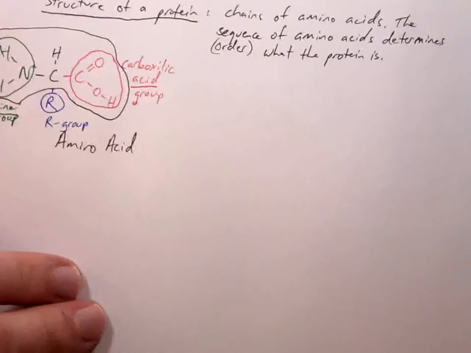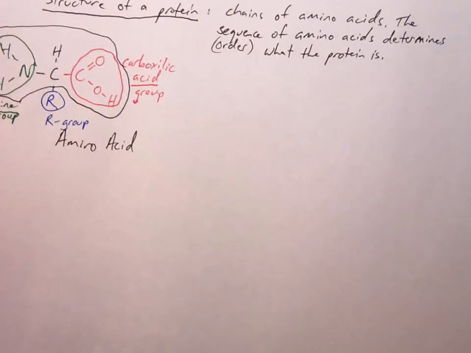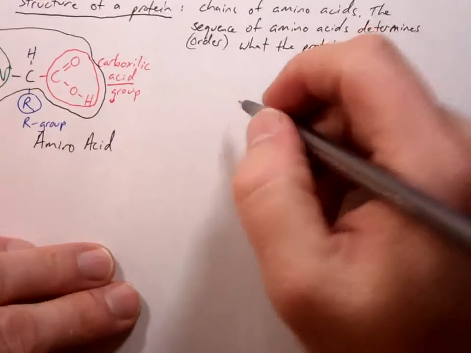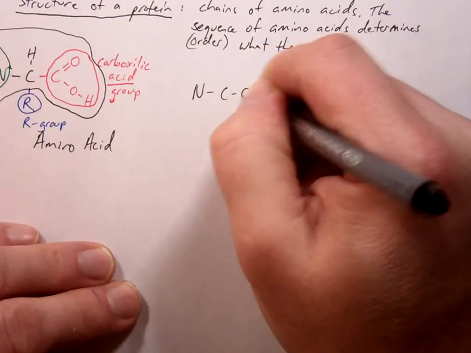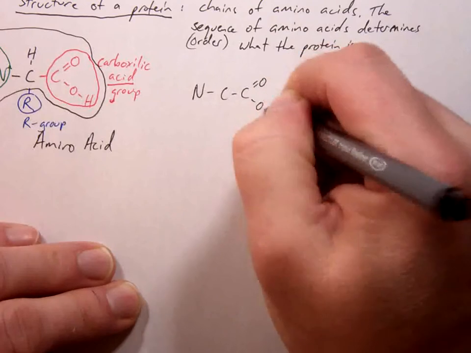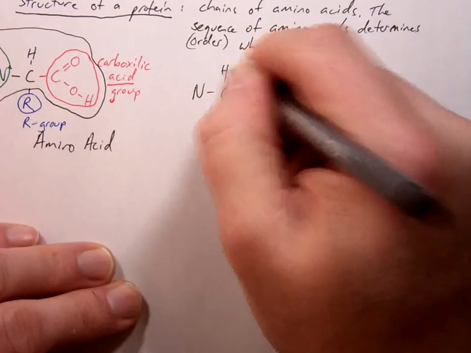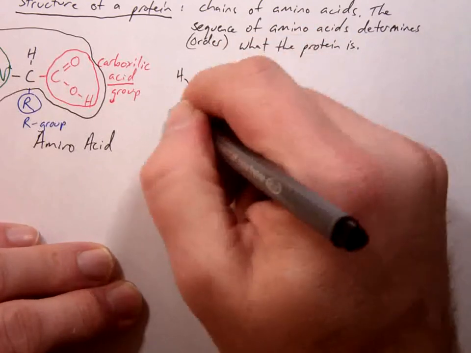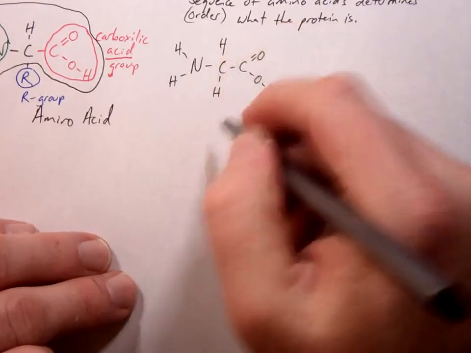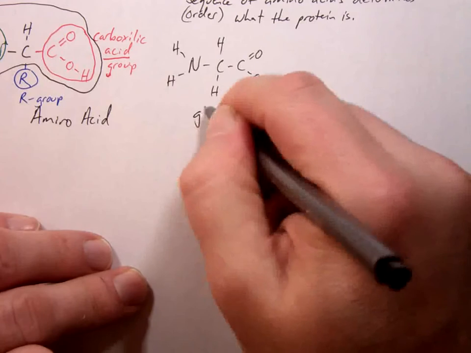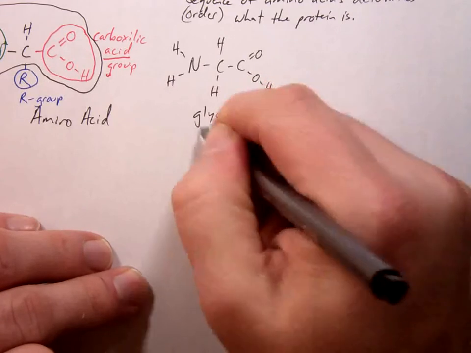So we've got an amino acid, and I won't use the different colors on this one. The simplest one we could make would be to take that R group and swap it out for an H right there. If we do that, we have an amino acid known as glycine.